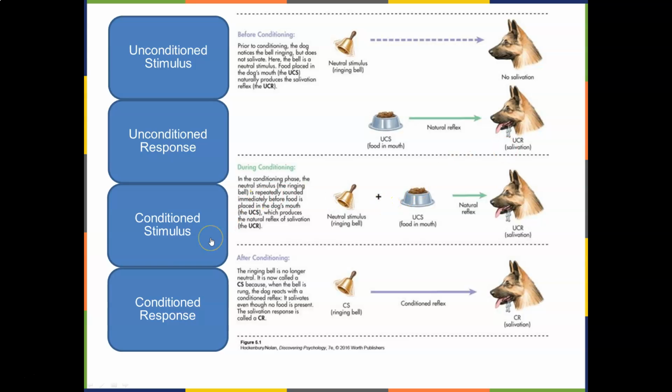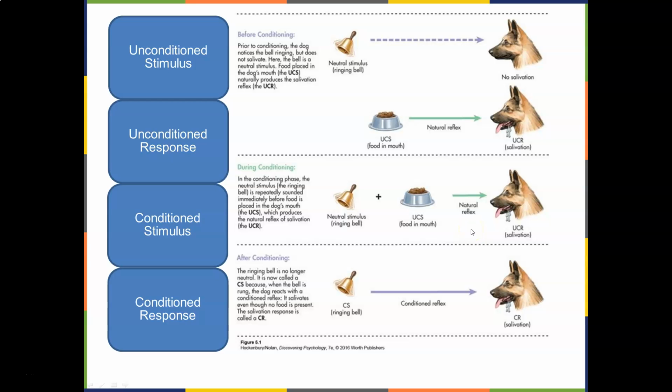The conditioned stimulus right here is the sound of the ringing bell. The dog was slowly becoming conditioned to salivate to the sound of the bell. But first, Pavlov had to continuously pair the sound of the ringing bell with the dog food so the dog would make that association between the two.